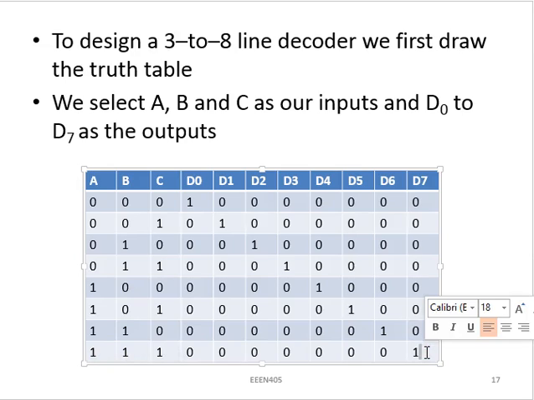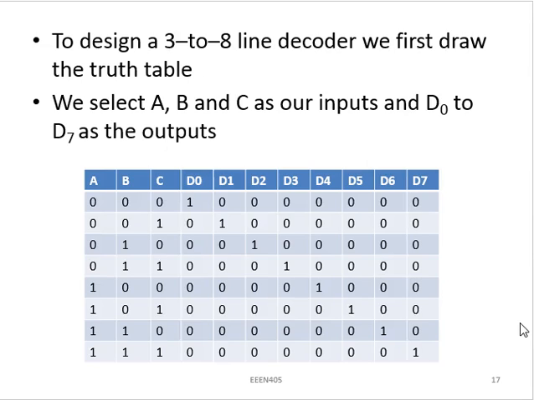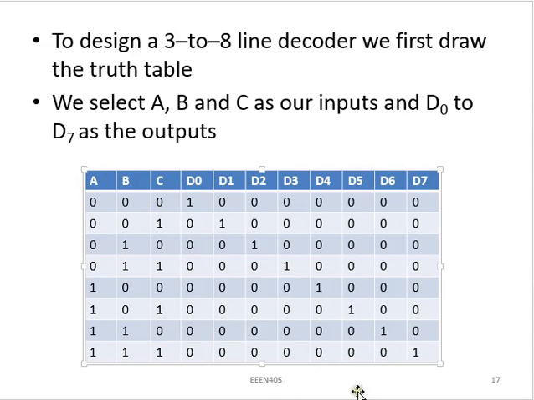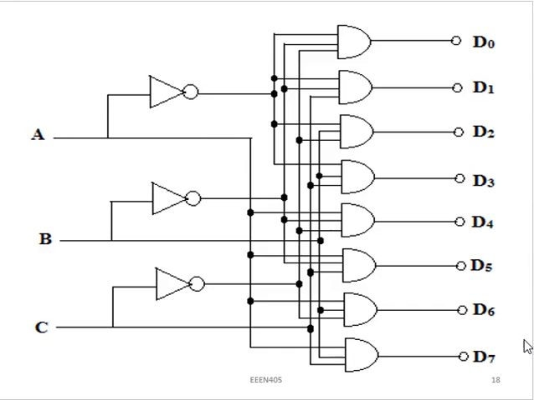So if you understand this, we now come and draw the logic diagram. How do we do it? This is the logic diagram. We go to the first one. For instance, if you look at D0 where it is 1, what are the values of A, B, and C? They are all zeros. So I'll put this AND gate to represent my D0.